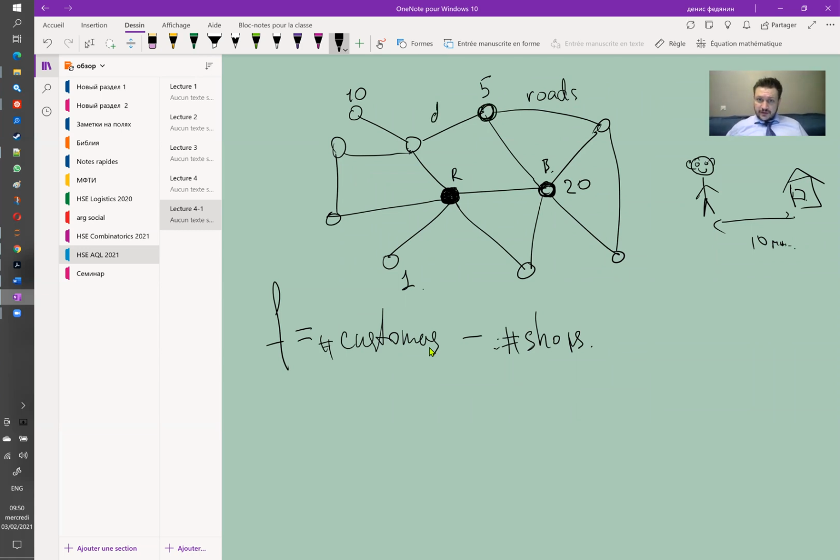Well, we have distances here. For example, 5 kilometers or minutes to go, and a customer from the spot tends to go to the shop which is close to his spot, to his place.